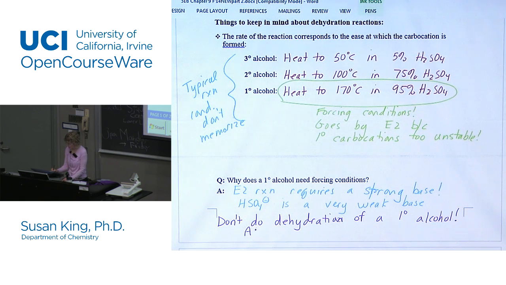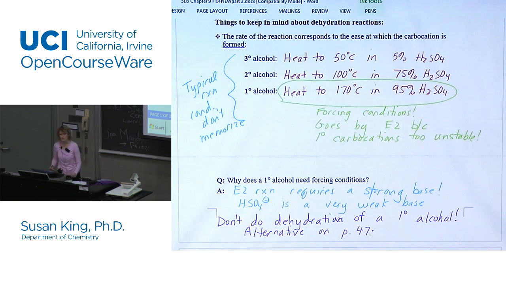Alternative at the end of this chapter. What is the last page of this chapter in your handbook here? What's the last page? Very last page. What is it? 47. On page 47.